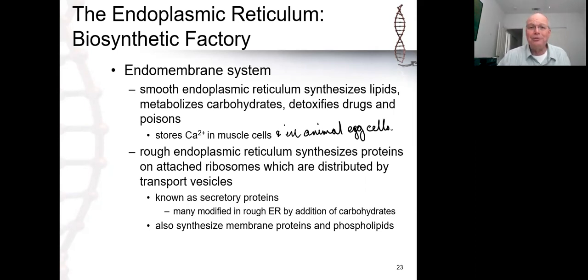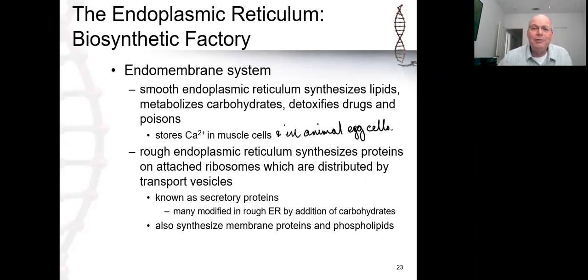And that calcium comes from the smooth endoplasmic reticulum. So the smooth endoplasmic reticulum is a storehouse, but for specialized storage and also for chemical synthesis or biochemical synthesis, and to some degree breakdown as well.